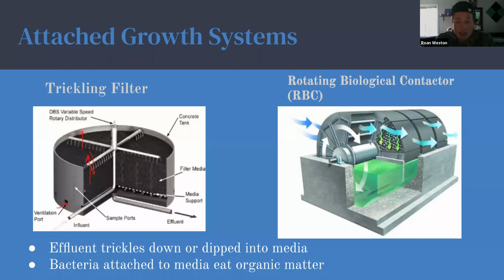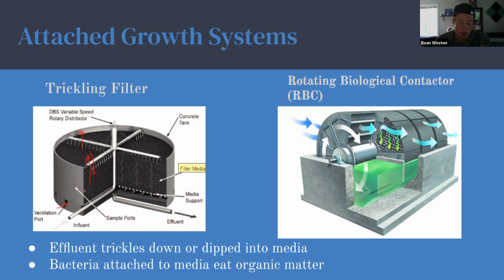The second option that you can use for biological treatment is an attached growth system. How these work, on the left, we have a trickling filter, and on the inside of these basins, you have a filter media.